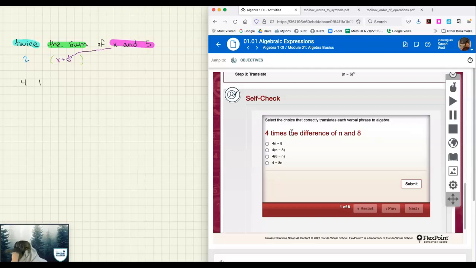So let's break it down. 4 times the difference of n and 8. Okay.